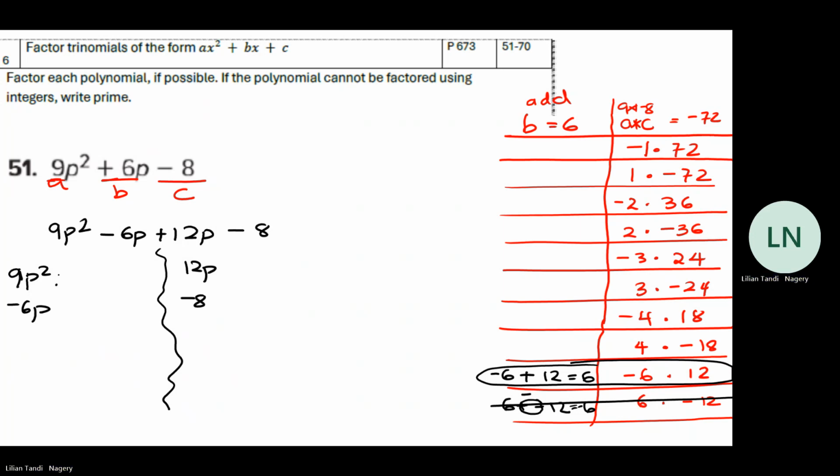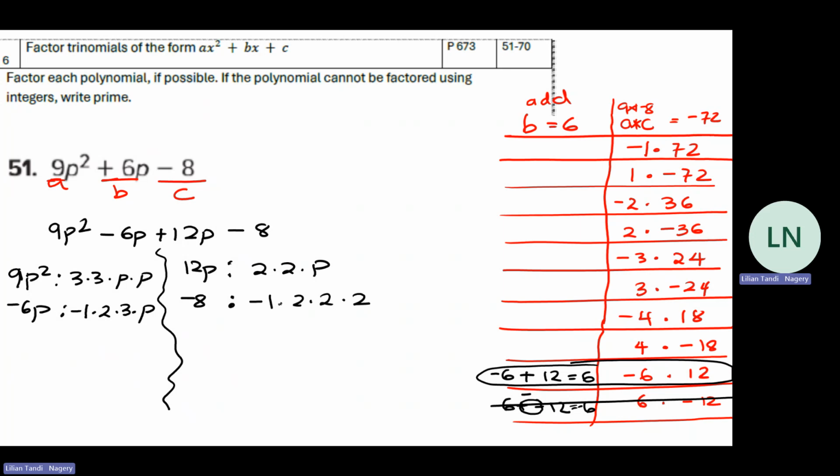This becomes 3 times 3 times P times P. This becomes -1 times 2 times 3 times P. This becomes 2 times 2 times P. This becomes -1 times 2 times 2 times 2.